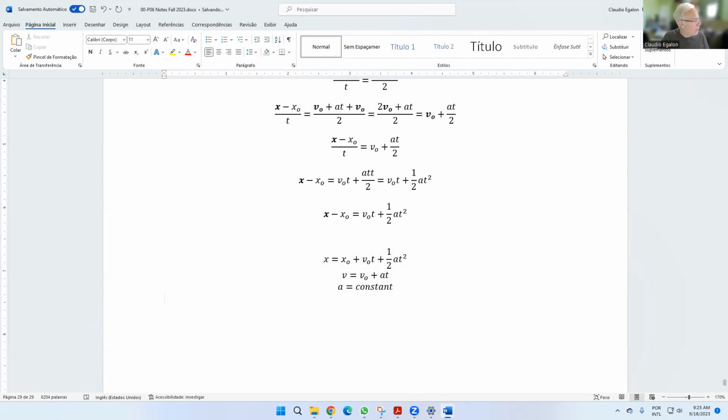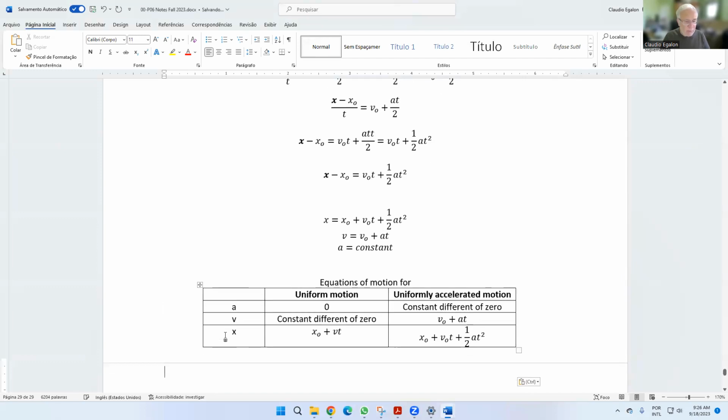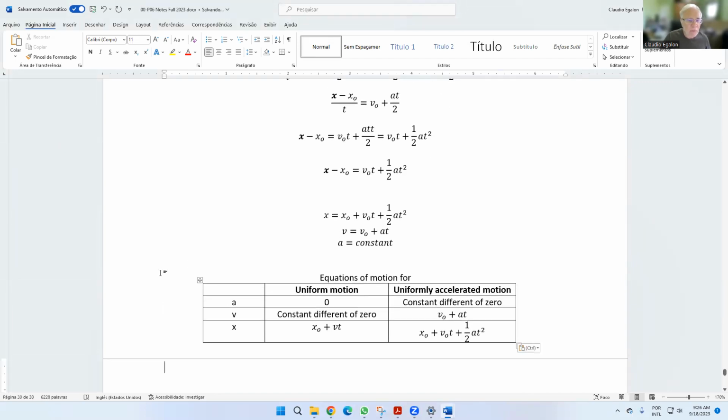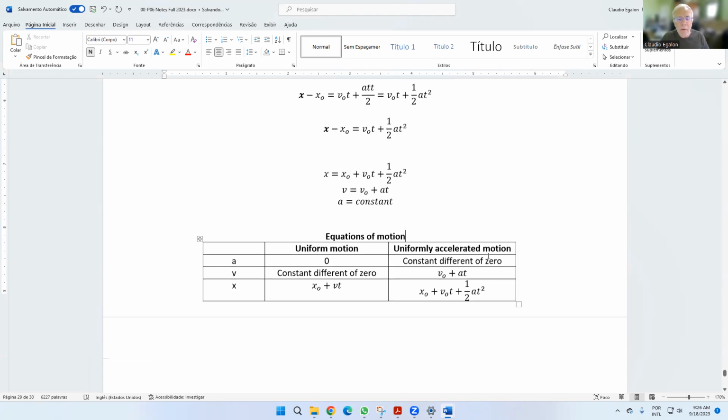I can even come up with a table to summarize everything that we got, something like that. Equation of motion 4. Uniform motion, uniformly accelerated motion.